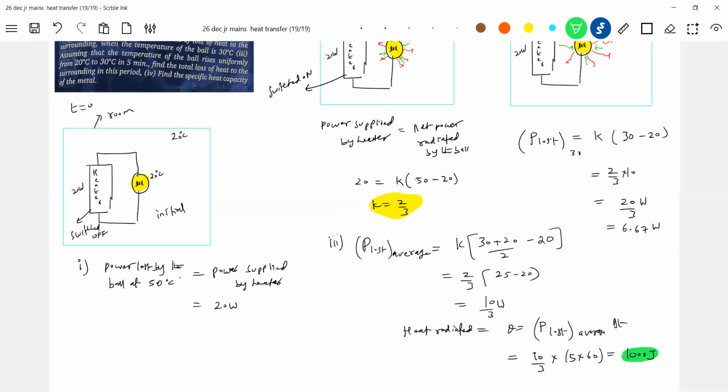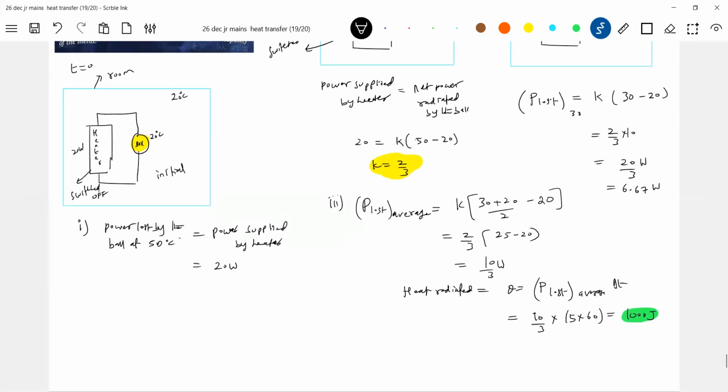How much of it is given by the heater coil in 5 minutes? For 5 minutes we know the lost power, no? So total Q net should be equal to m s delta T, and we know the change in temperature also, the fourth part. So heat supplied by the heater coil.